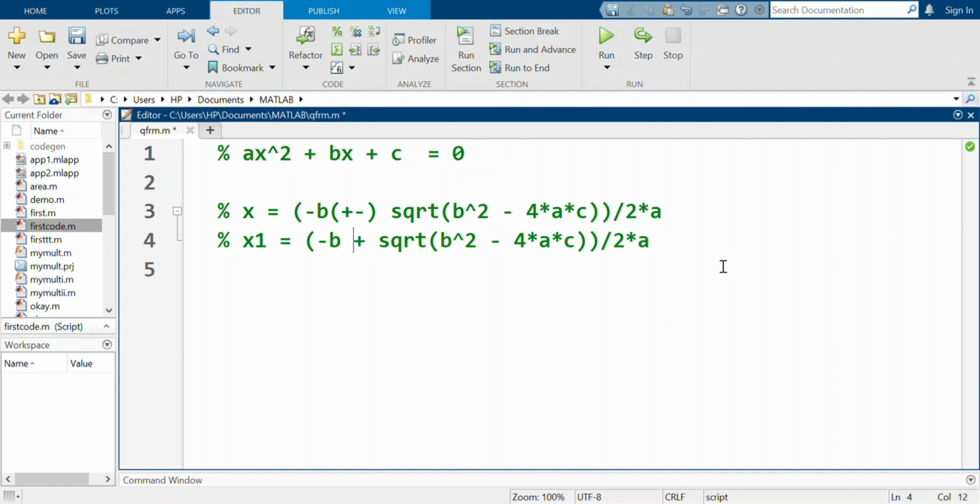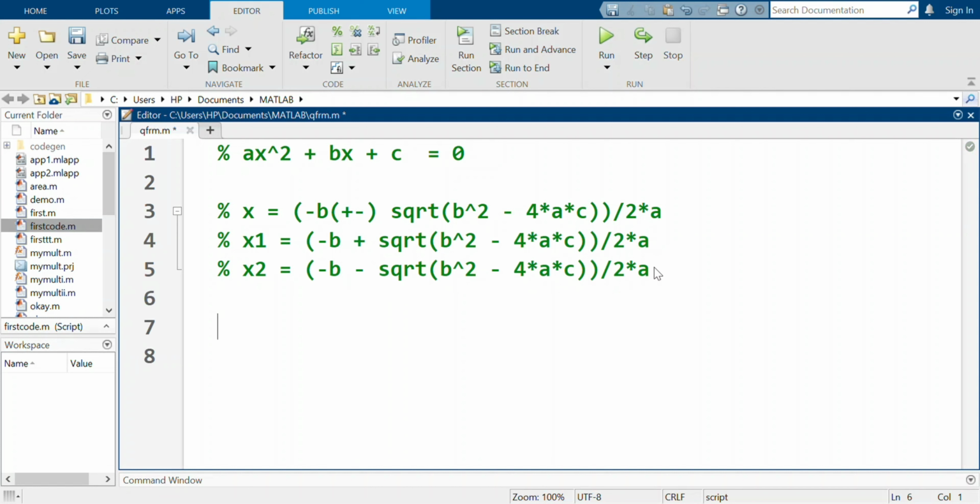So minus b plus the whole line over 2 times a, and x2. Also, don't forget the percent sign. x2 equals the whole line, but here minus b minus the square root of the whole line.